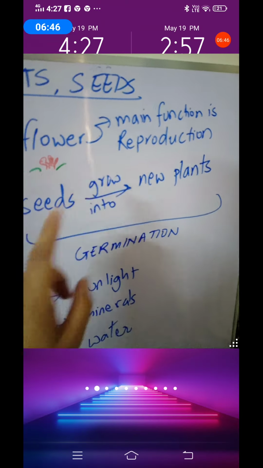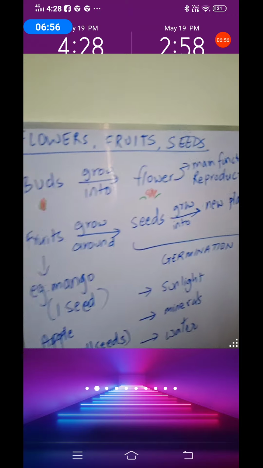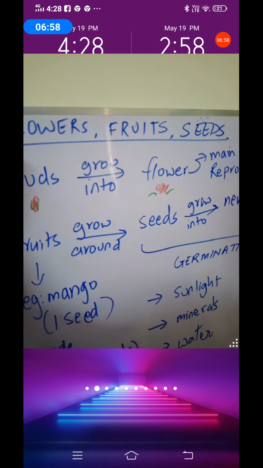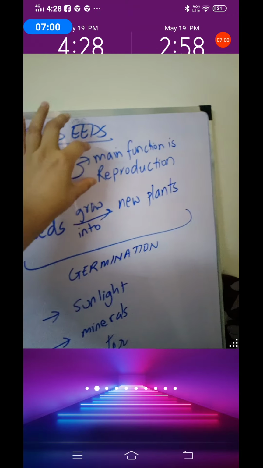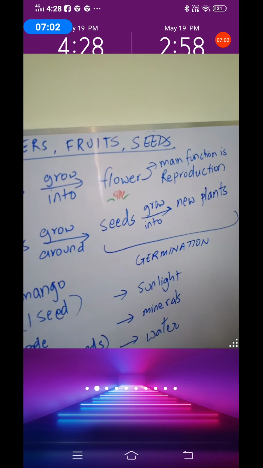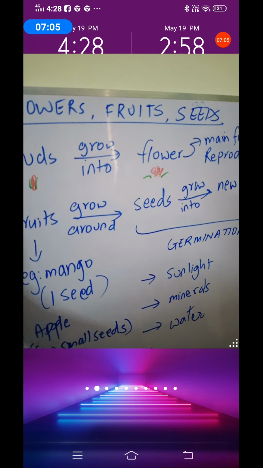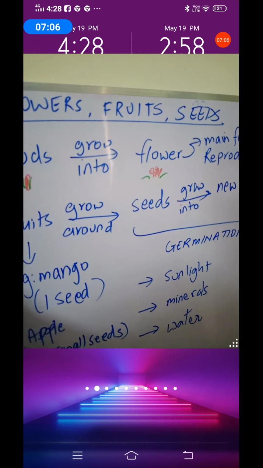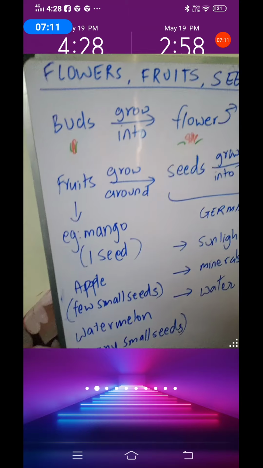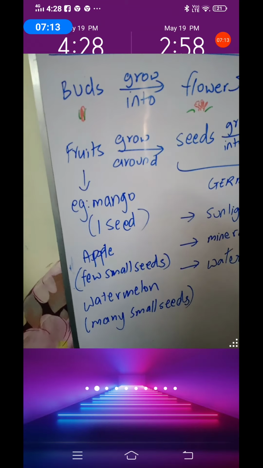Flowers in turn grow into fruits. Now, buds grow into flower and the main function is reproduction. Then, fruits grow around seed. What do you mean by this? Fruits grow around seed. Let's take a mango.